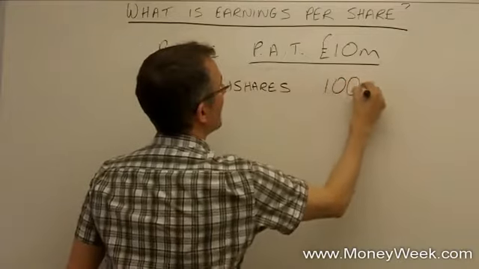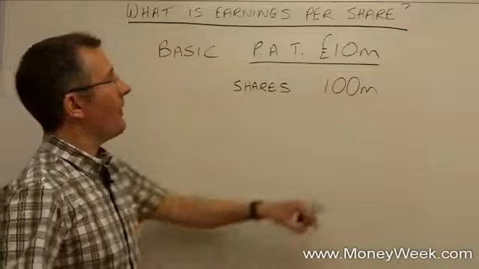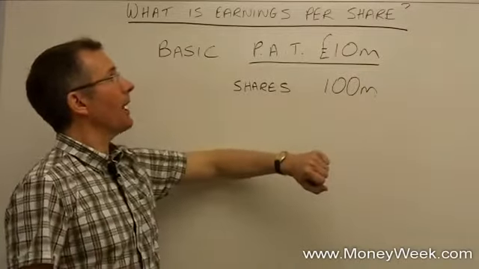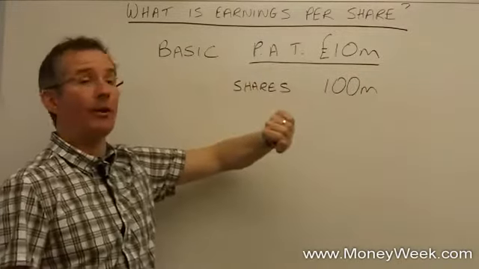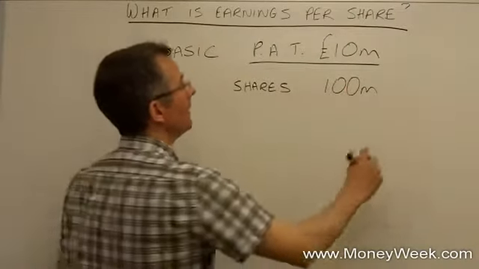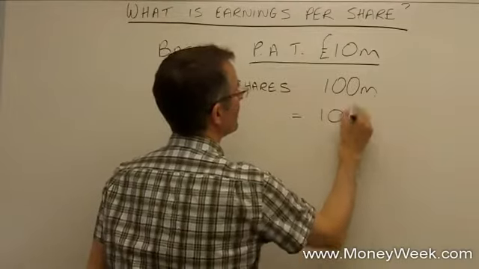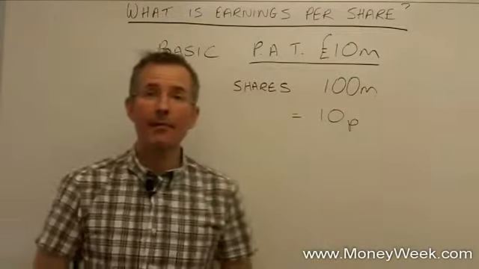We'll say 100 million for this simple example. And on that basis, EPS is going to come out as a number of pence or pounds even per share. So 10 million over 100 million is simply 10 pence, or 10 pence per share.